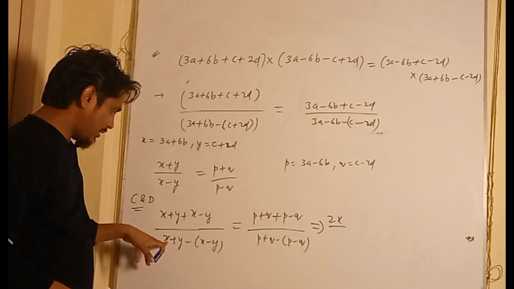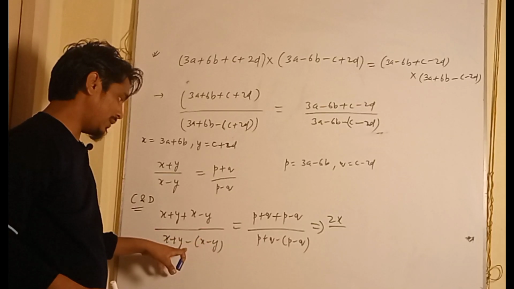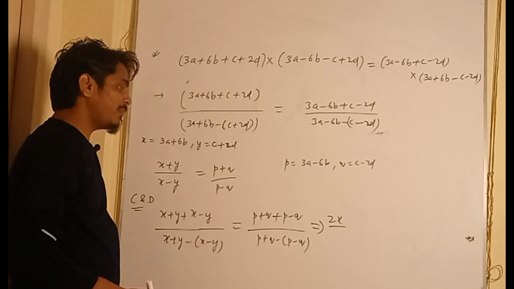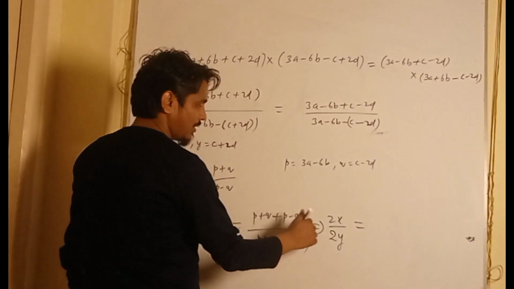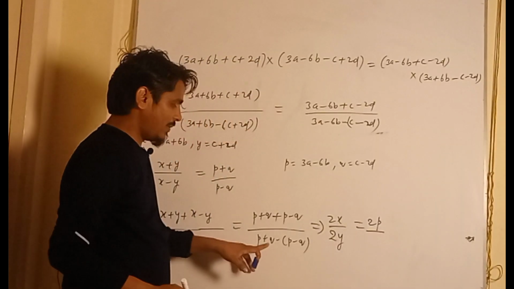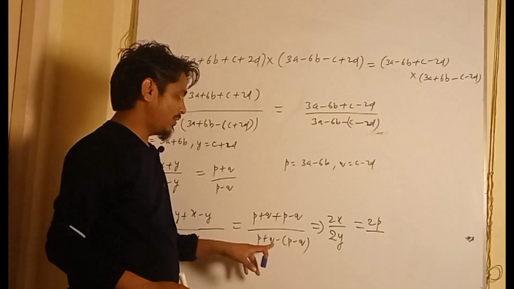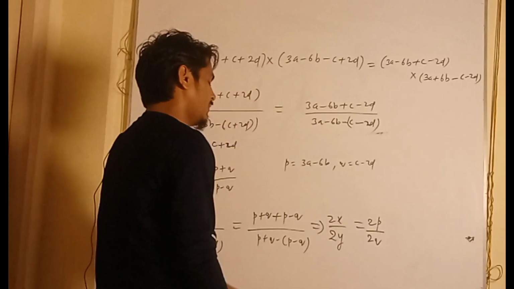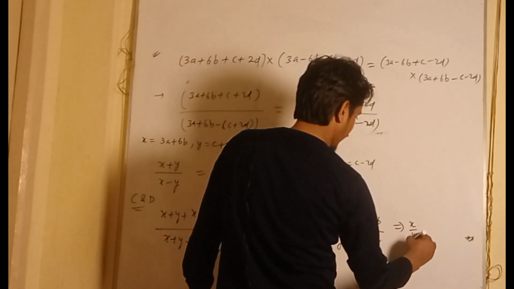In the denominator, x plus y, minus times minus means plus, so minus x plus x cancels, and plus y plus y becomes 2y. In the same way on the right, plus q minus q cancels, p plus p is 2p, and in the denominator p plus q, minus p plus q, so plus q plus q is 2q, and plus p minus p cancels. So the right side will be 2p over 2q. Now by cancelling 2 in both numerator and denominator, we get x over y is equal to p over q.